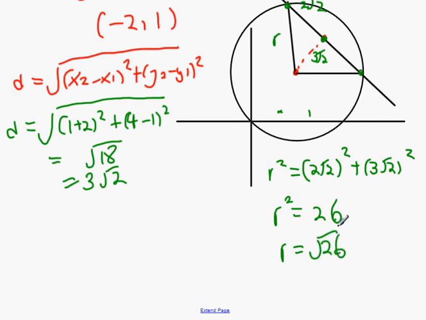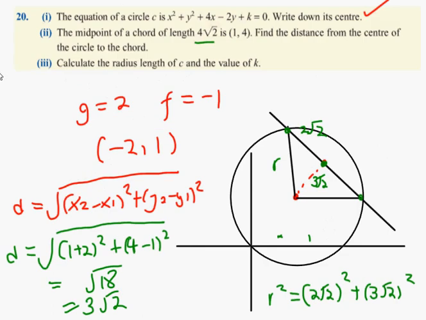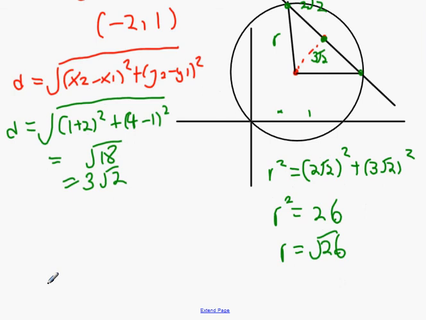Okay. Now guys, next thing. We've got to find out this value here. What I'm going to do is put it into the h, k formula: x minus h squared plus y minus k squared equals r squared. R squared is 26.